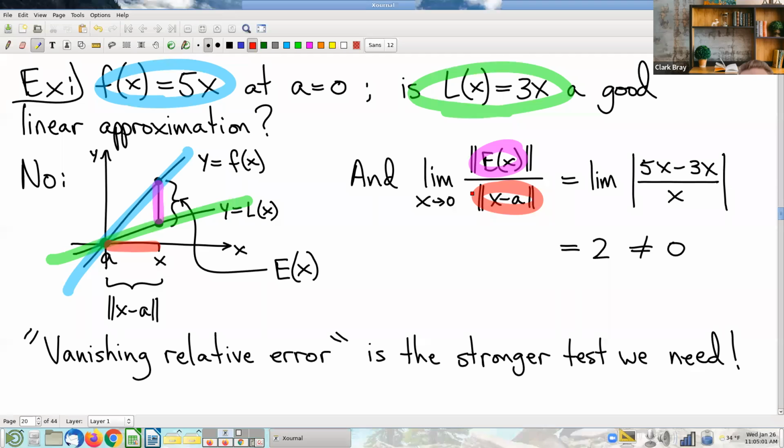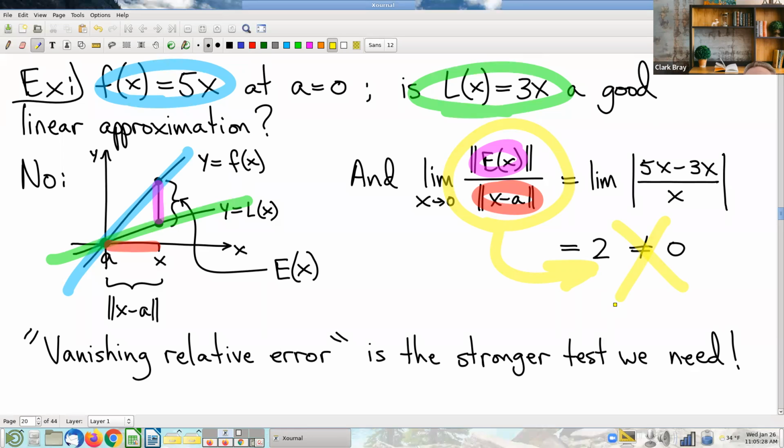And as a fraction, this fraction is not approaching zero. This is approaching 2. So this idea of looking at the relative error correctly distinguishes that this is not a good linear approximation. It has correctly rejected this bad candidate.